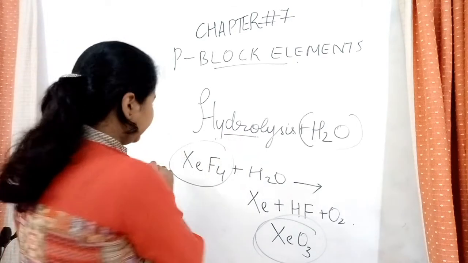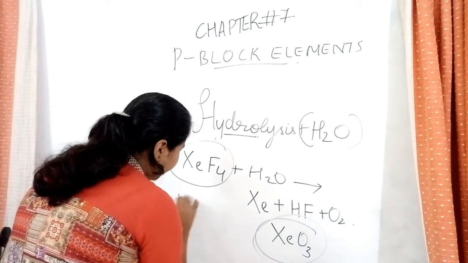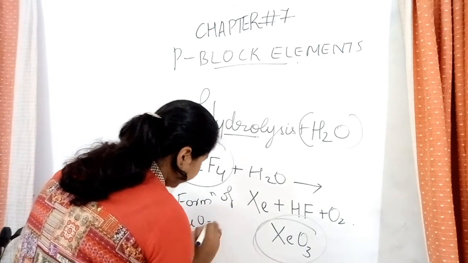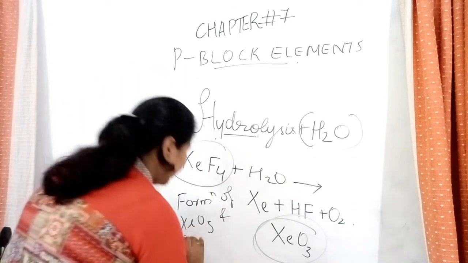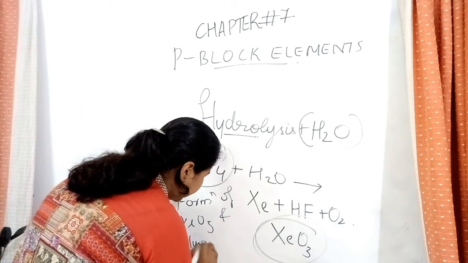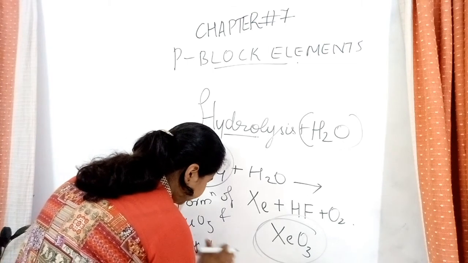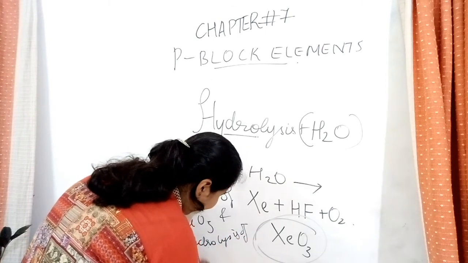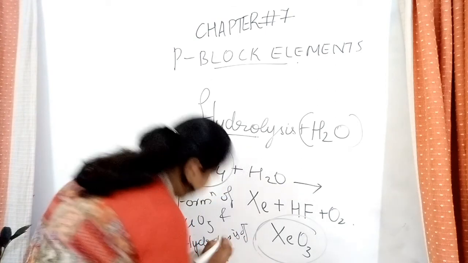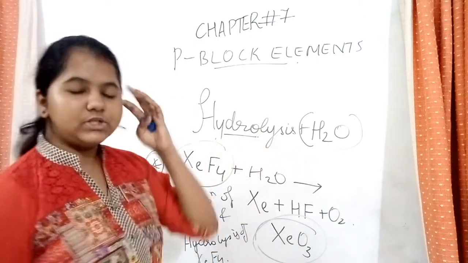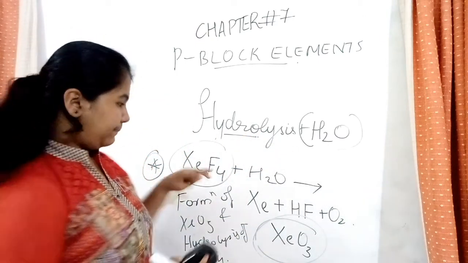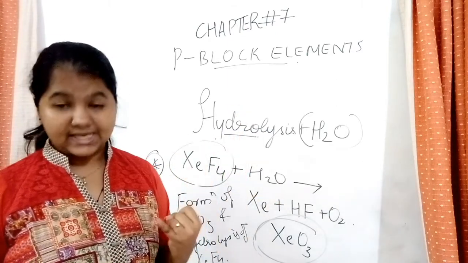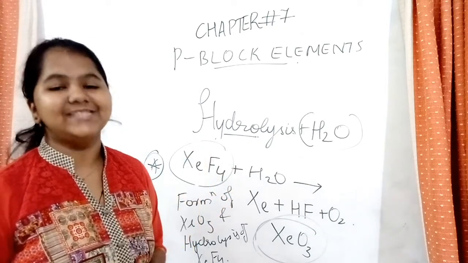So relate this: this is the formation of XeO3, and this is the hydrolysis of XeF4. So please look at the reaction: XeF4 plus H2O would give rise to Xe plus HF plus O2 plus XeO3.